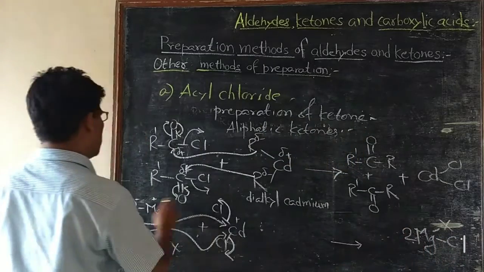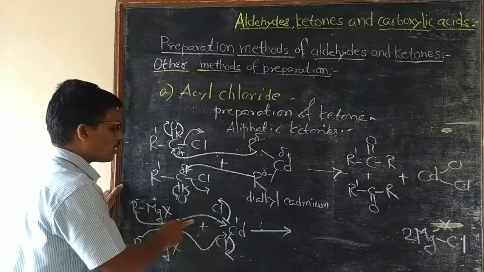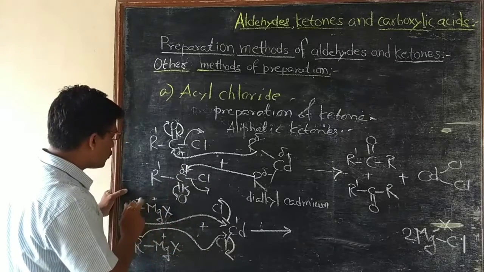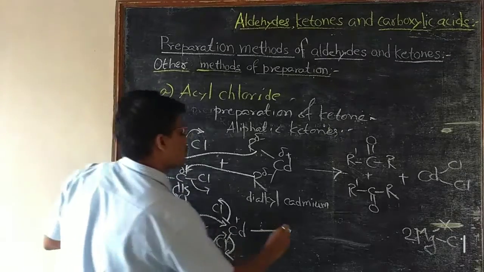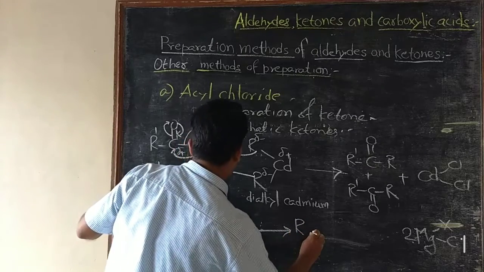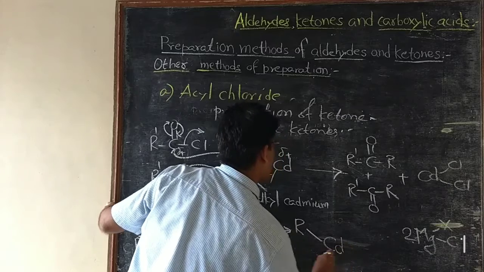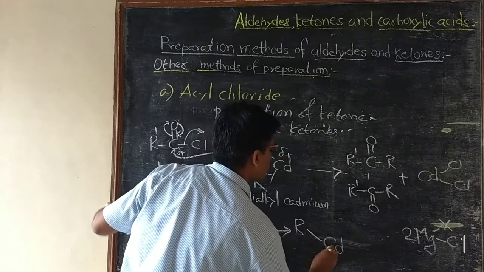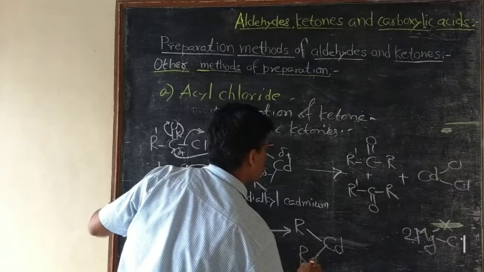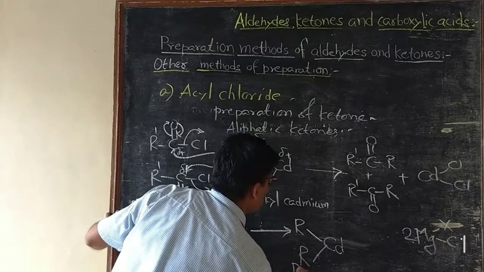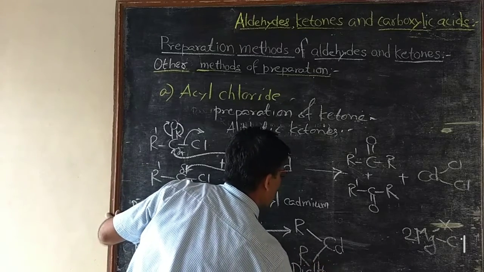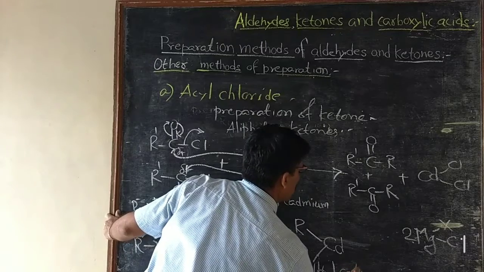There are two MgXCl, and what we have left is our desired product, the alkyl groups attached to cadmium, that is dialkyl cadmium.